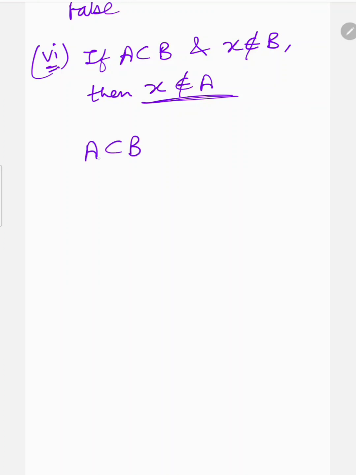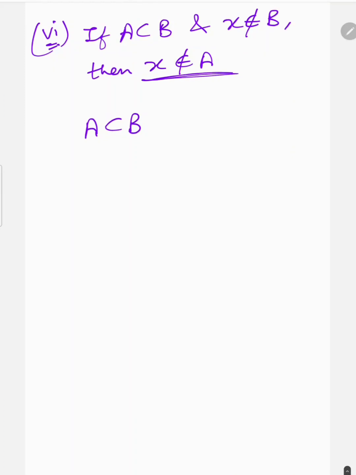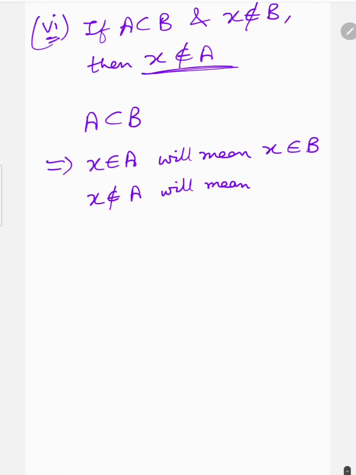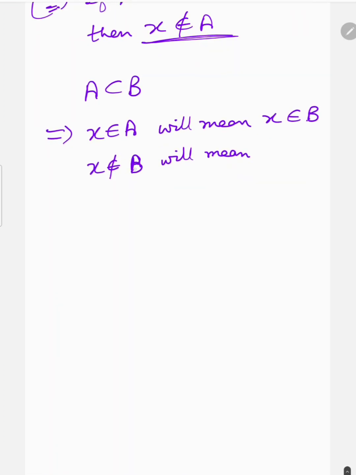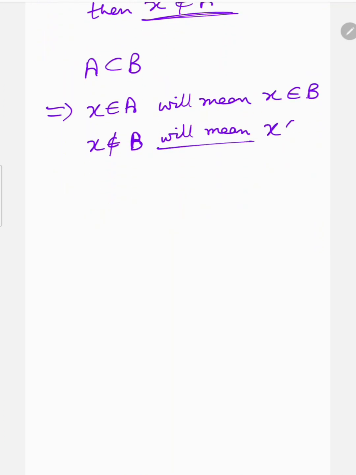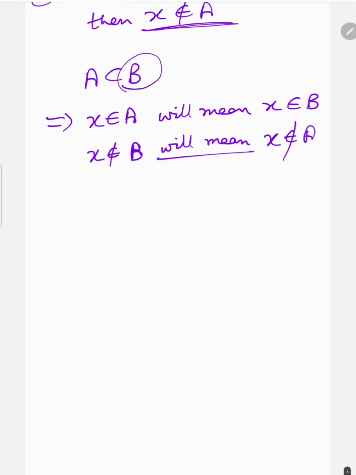A B का सबसेट है, A is the subset of B. This means it implies that x, an element belonging to A, will mean that x belongs to B. That means an element which does not belong to B will mean it will not belong to A definitely, as B is the superset.